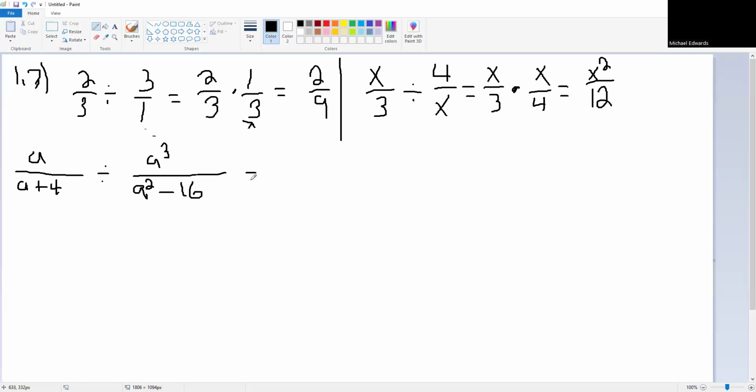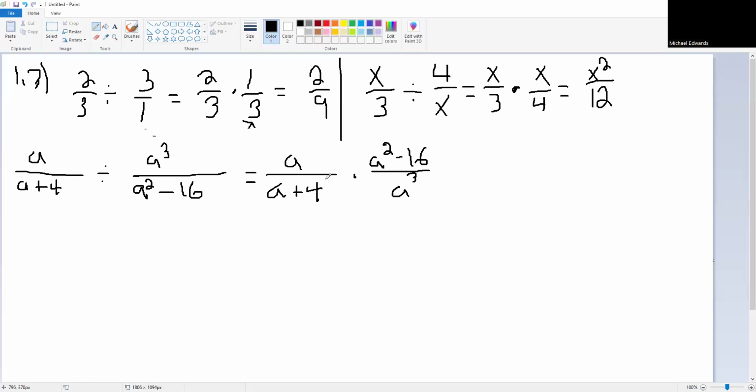So what we do is we change it. We know that we have two terms, and we're going to start with the first one, a plus 4, times the flip of this, the inverse of this. So it would be a squared minus 16 over a cubed.